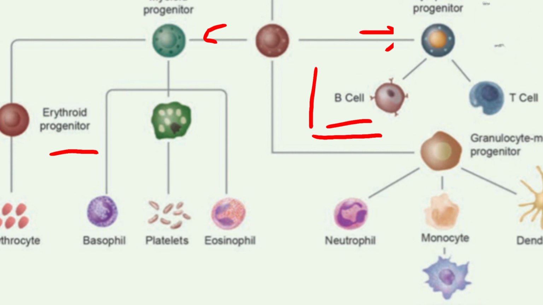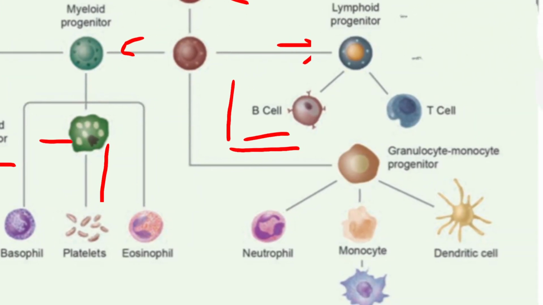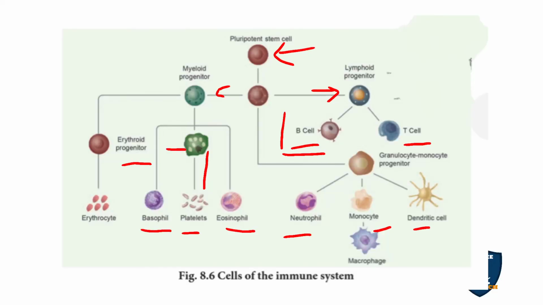Again from the myeloid progenitor, basophils develop, and platelets also develop, and eosinophils are also developed here. So these are the types of cells in the immune system.